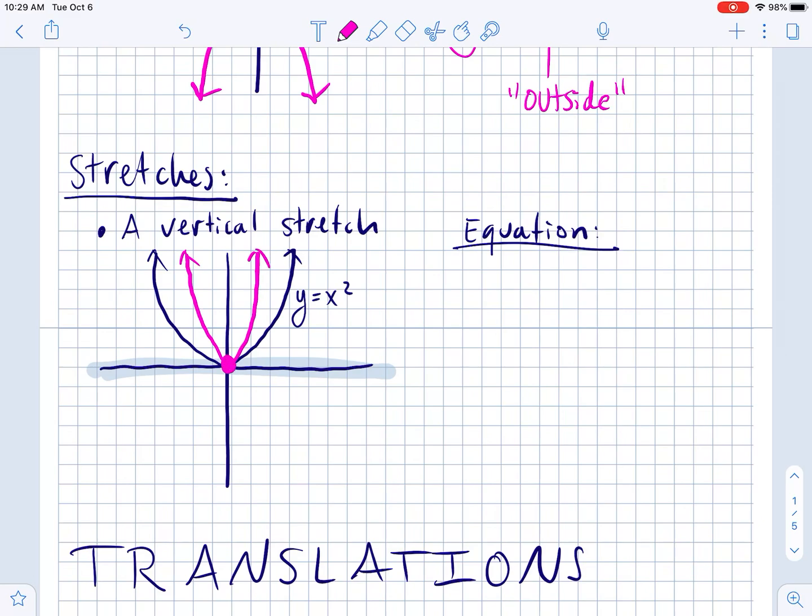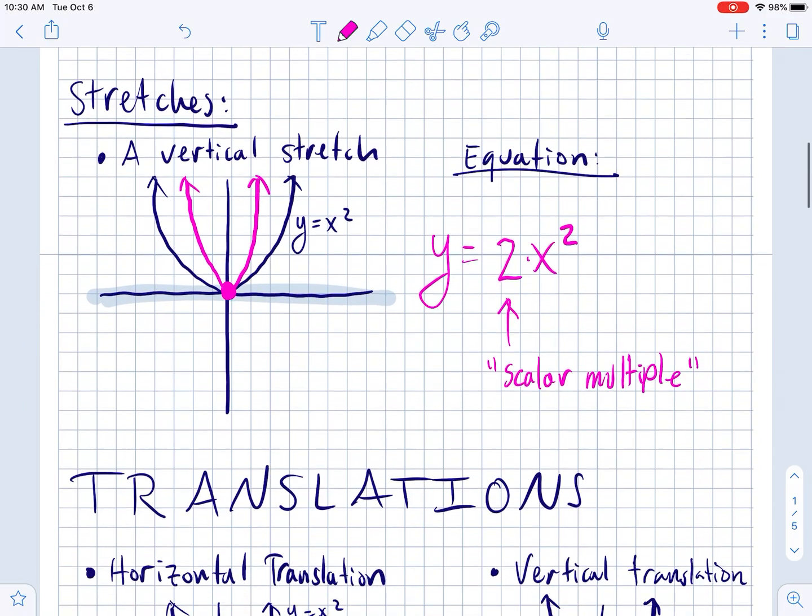The vertex would stay in the same place, still (0, 0). A possible equation for this is to put a scalar multiple on the outside of the function, so 2 times x squared. This is called a scalar multiple. There are lots of vertical stretches you can do; this is just an example.